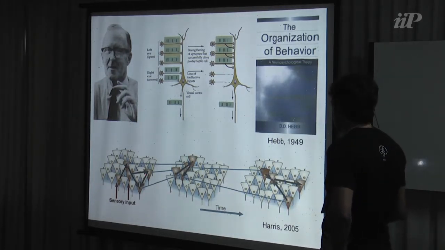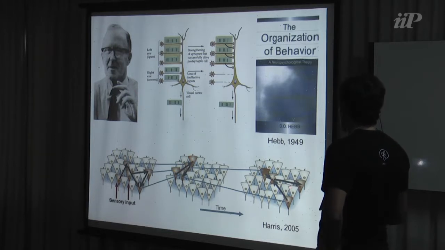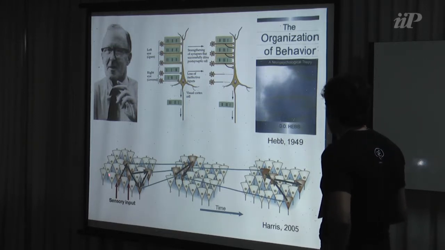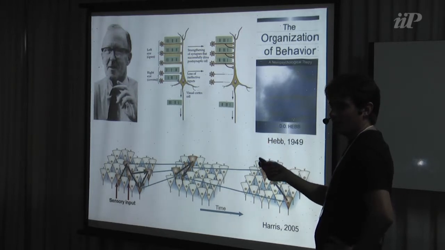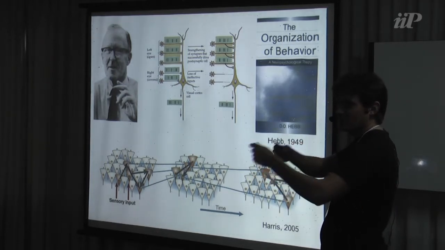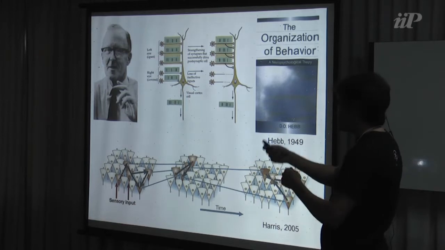This is a cell assembly, a group of neurons that fired together. They were active here, and then this other cell assembly was active here, and this other one here. So this would be the phase cycle that Hebb postulated to exist, and one would be calling the other. It is like when you start singing a song, and then the rest of the lyrics just comes, with different cell assemblies calling each other.